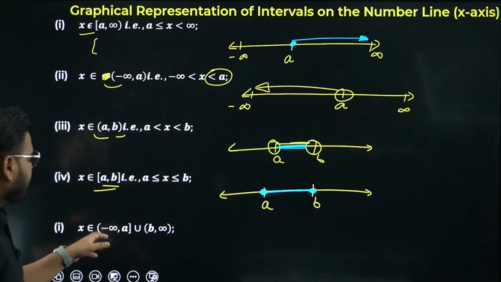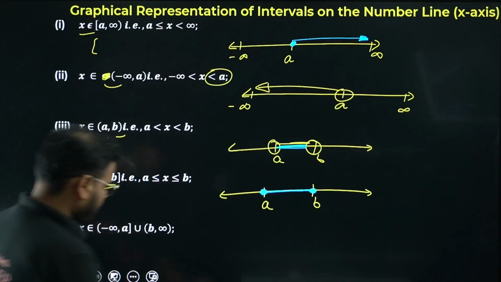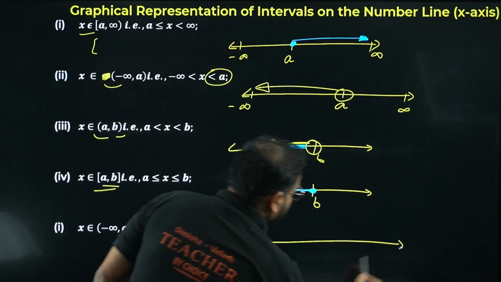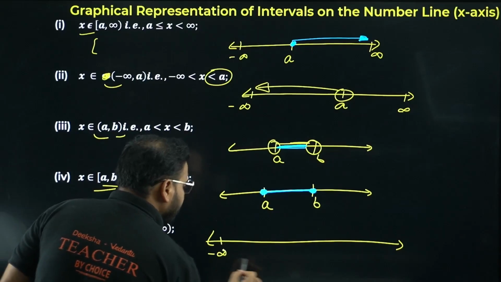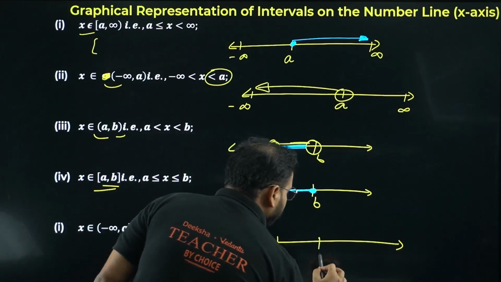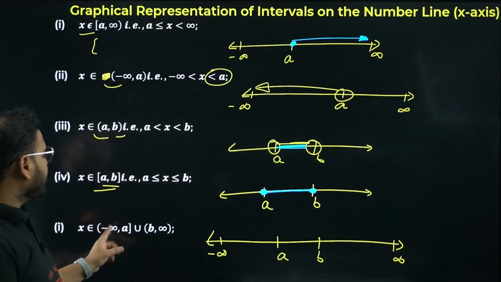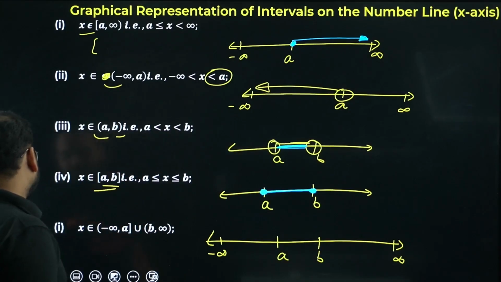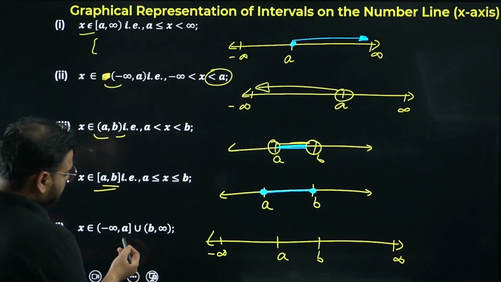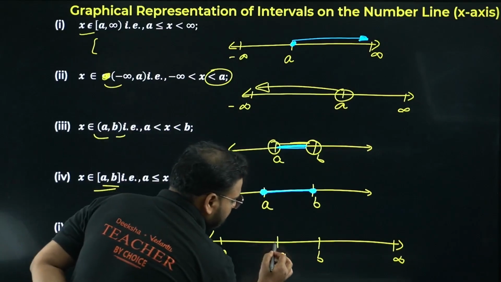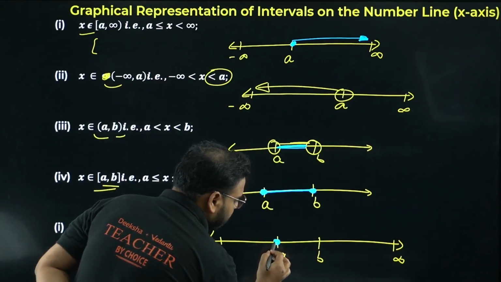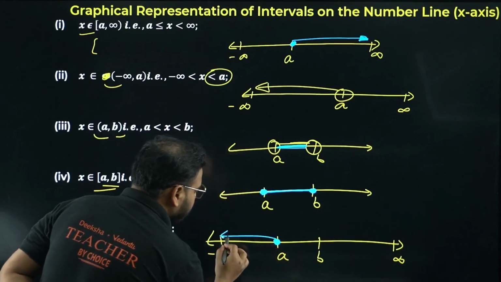Next one, negative infinity to a. Negative infinity, I have a somewhere, I have b somewhere, I have positive infinity. So negative infinity to a, right? We'll show this. A is included, please check, close bracket. So I'll put here a full dot and it goes like this.